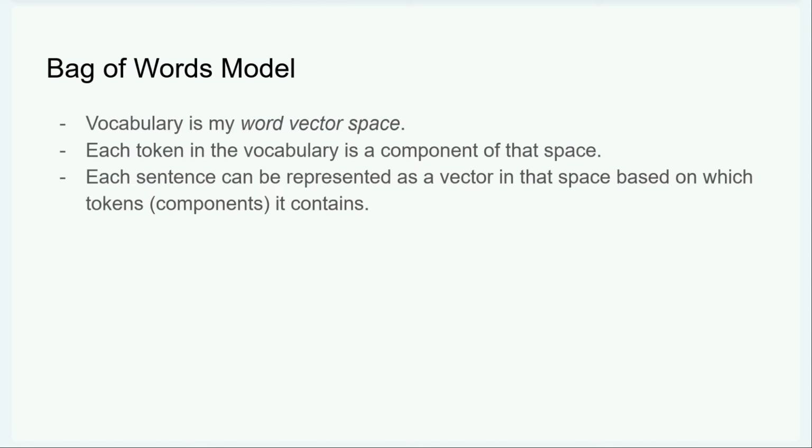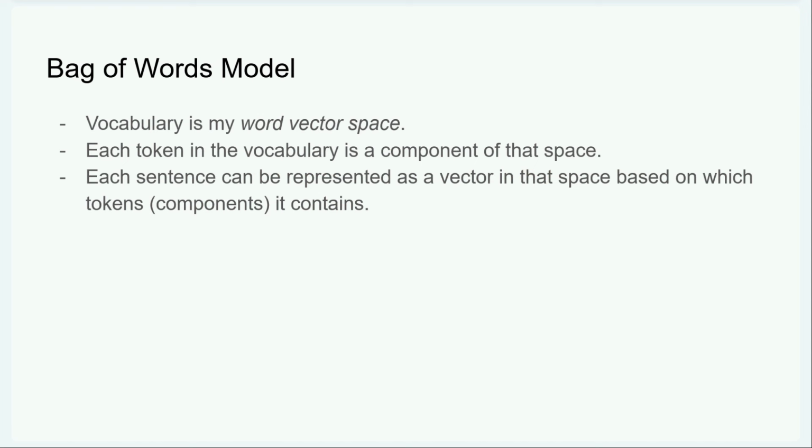Now, one cannot really come up with something like this. I mean, I cannot start thinking about a word vector space as a numerical data space or like a multidimensional space of numbers. So we need to still continue to think about it in a different manner. So there is one model which is called the bag of words model.